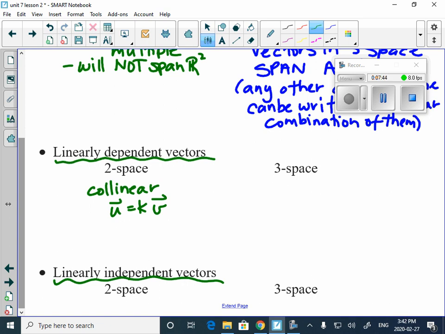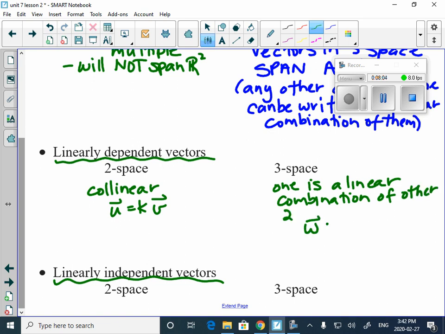In 3-space, if vectors are linearly dependent upon each other, one is a linear combination of the other two. In other words, w can be written as a linear combination of u and v. That means u and v span a plane. They are coplanar.